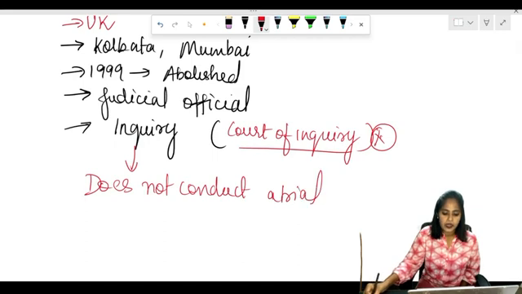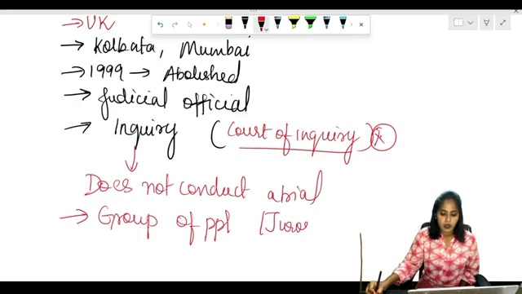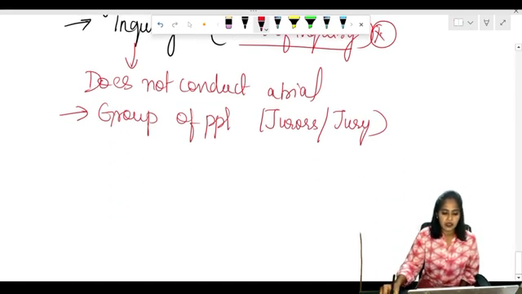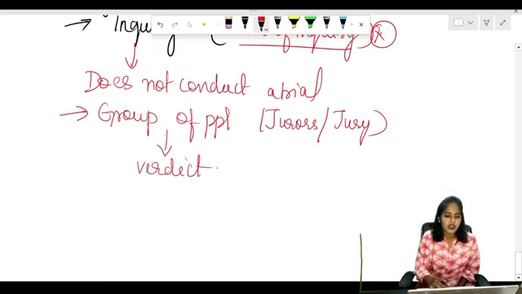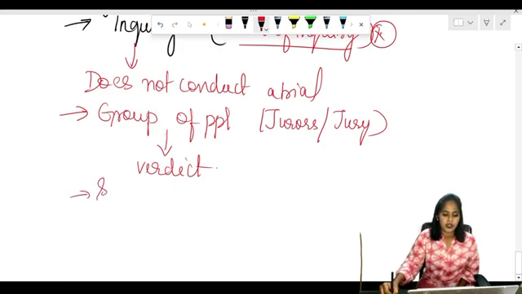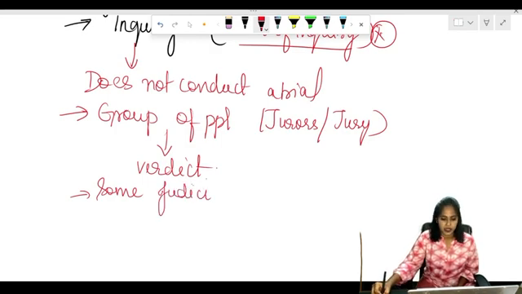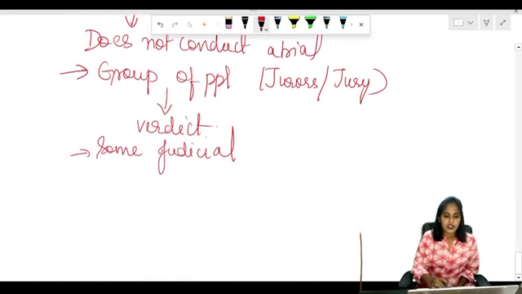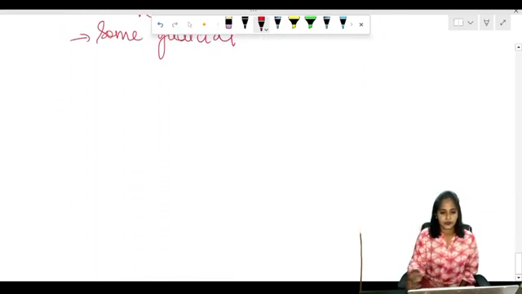A group of people will be there, the jurors or the jury, and they will give the verdict. This person, the coroner, has some official or judicial powers, but he cannot conduct a trial, whereas your magistrate is a trial court, right?